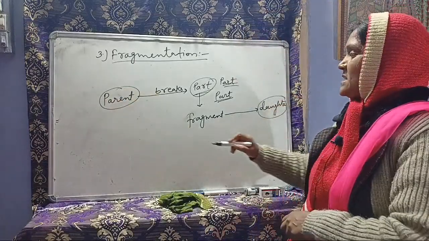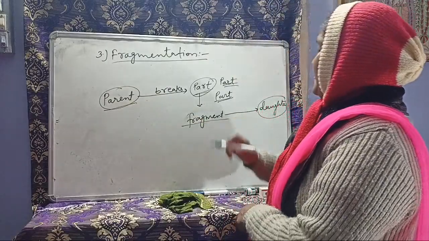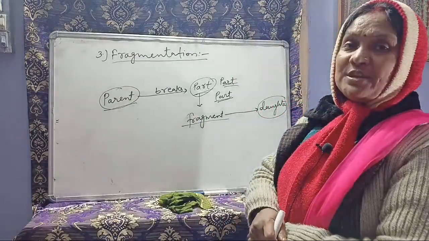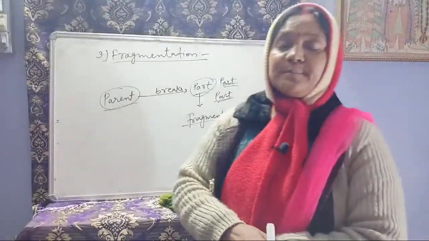When daughters or young ones are obtained from the parent through fragment formation, it is called fragmentation.